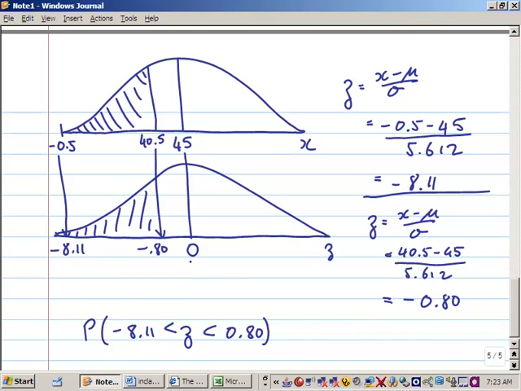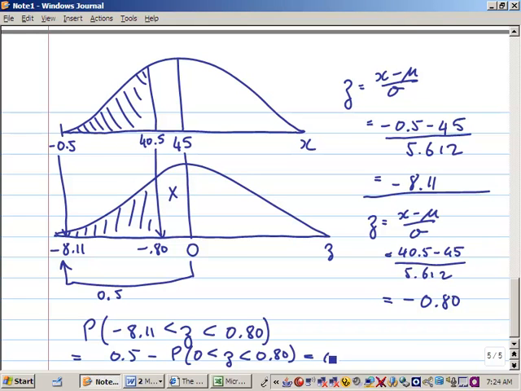Since this area is on one side of the mean, first we're going to go all the way from 0 to 8.11. Since that's off the chart, that's a probability of approximately a half. Then we're going to subtract this area out. So first, the area from 0 to 8.11 is a half, minus the area from 0 to positive 0.80, or from negative 0.80 to 0, whatever is the same thing.